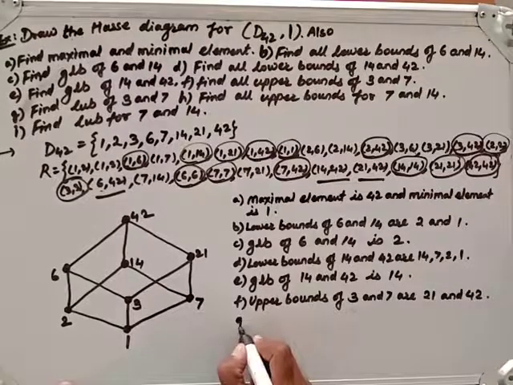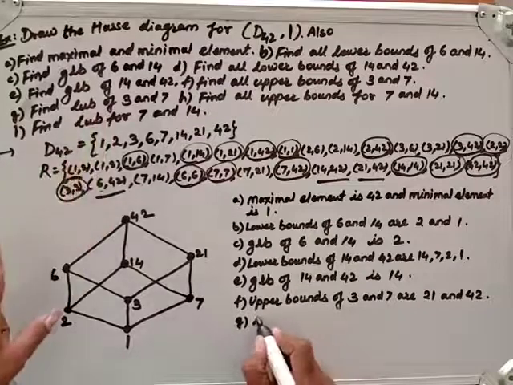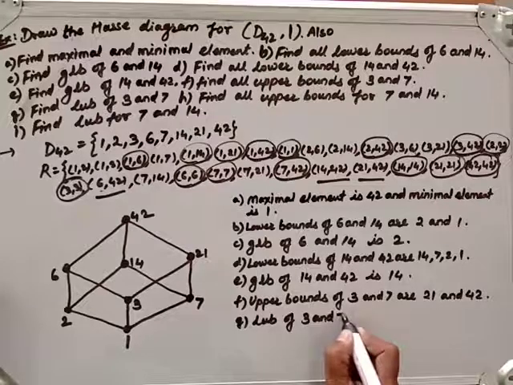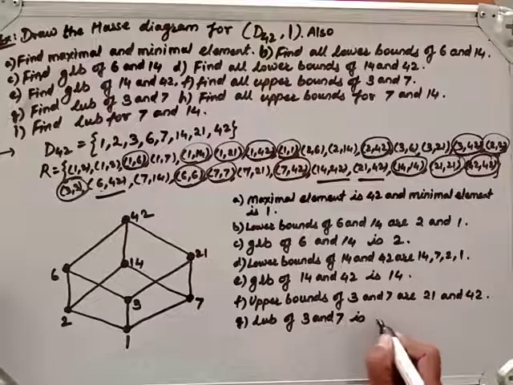Okay. Now next, find the least upper bound of 3 and 7. The least upper bound of 3 and 7 is 21.